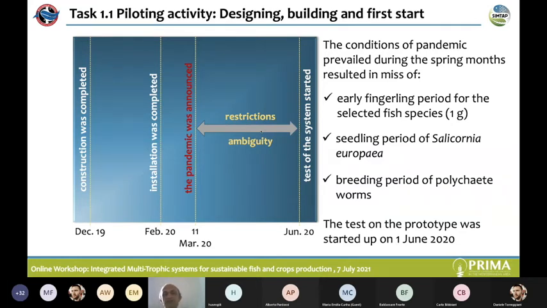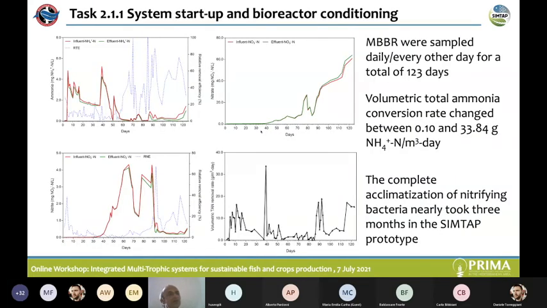Hydraulic connectivity and flow rates between the compartments were balanced during this period. Under these conditions, a few studies were completed, of which a study on system startup and biofilter condition is one.